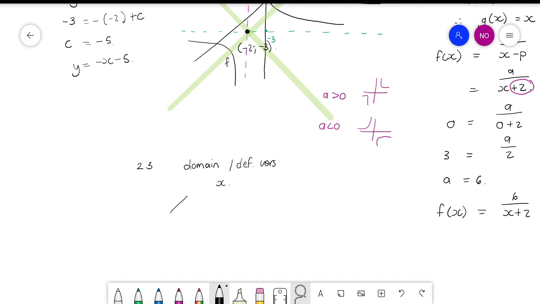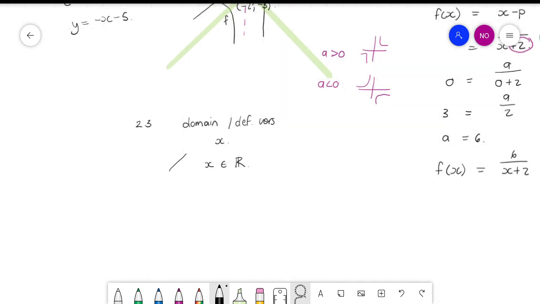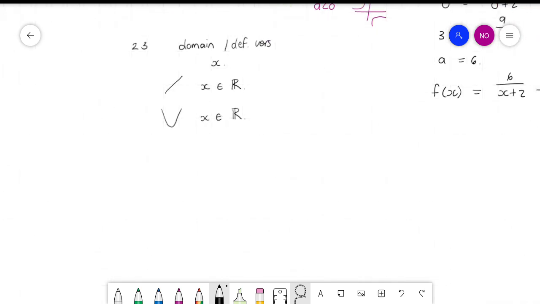'n Reguit lyn gaan dit wees x is 'n element van alle reële getalle. Vir 'n parabool gaan dit ook wees x is 'n element van alle reële getalle. Die hiperbool is die enigste een wat snaaks is.